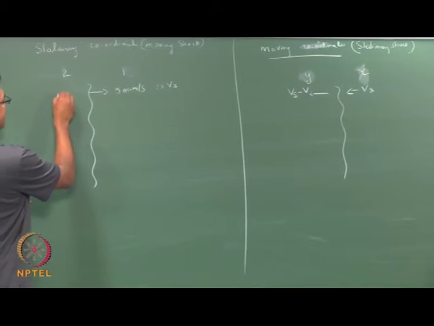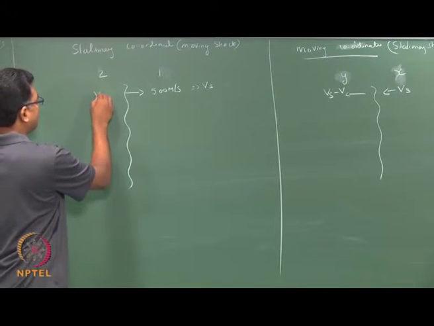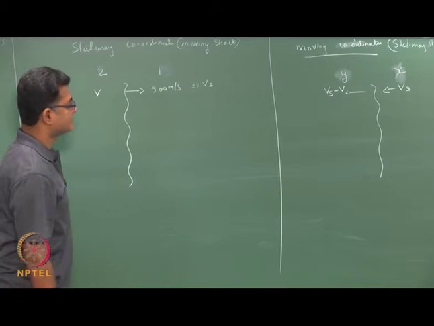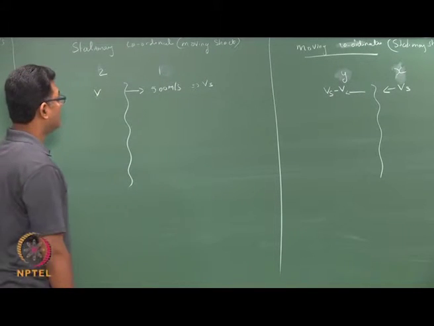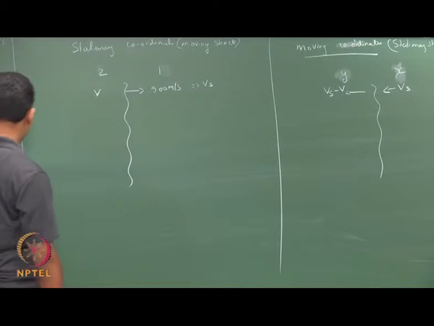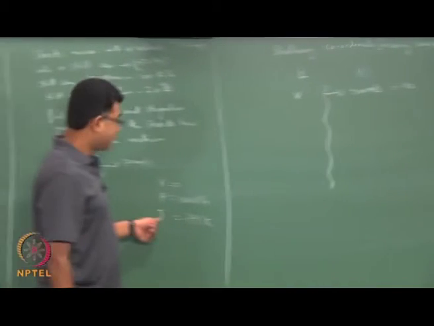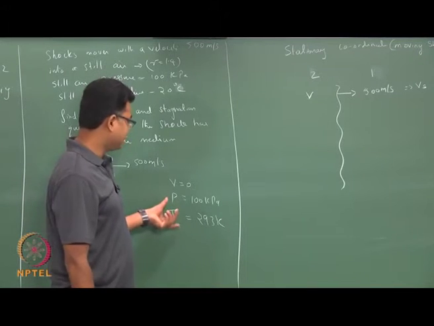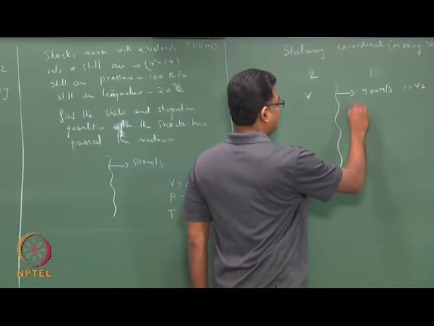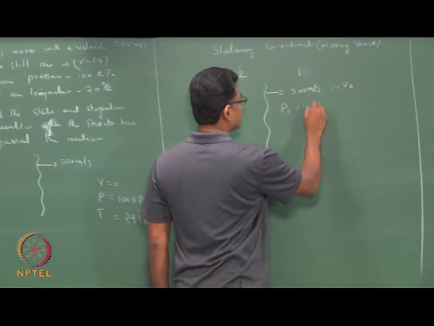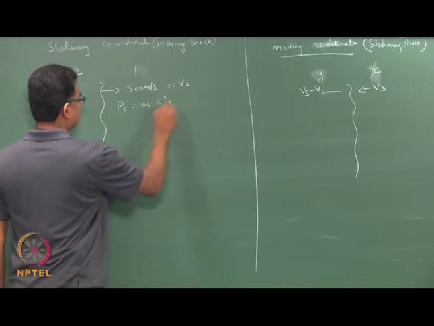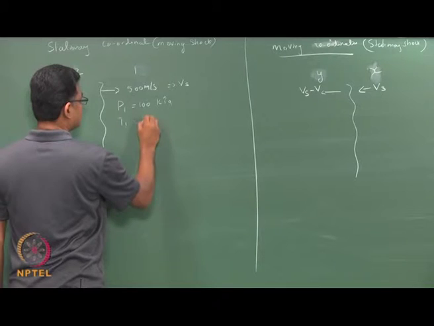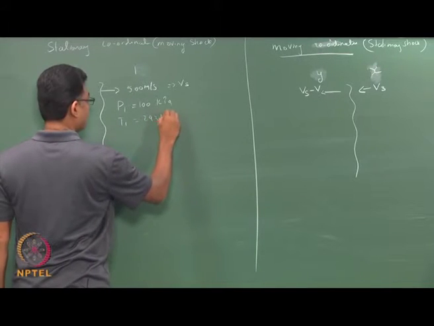So the velocity here is V. Now we know the pressure and temperature in the stagnant fluid, which means this is my P1 is 100 kilopascal, T1 is 293 Kelvin.